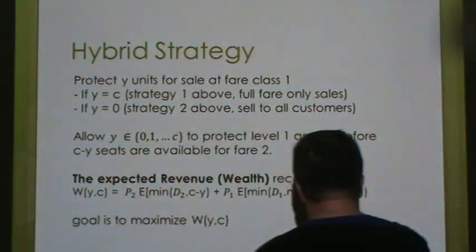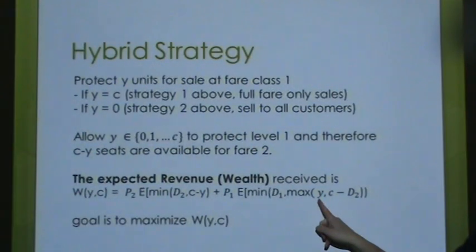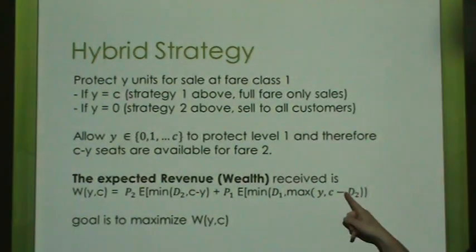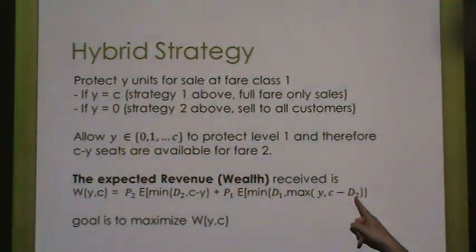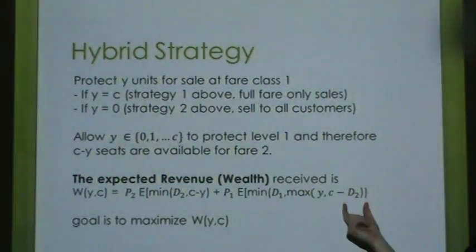So this would be the case where, let's say the capacity is 100, we protected 60 seats, but only 30 people showed up at level 2. Well, then that doesn't mean we have 60 seats available for level 1, we have now 70, because we just didn't get enough level 2 people.